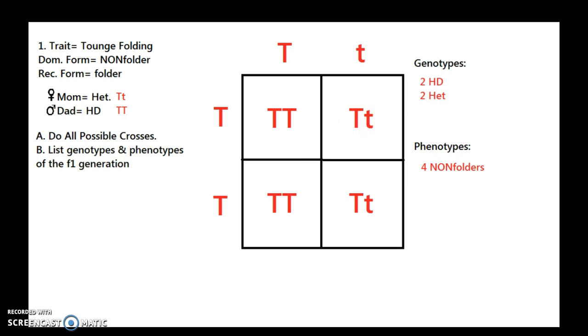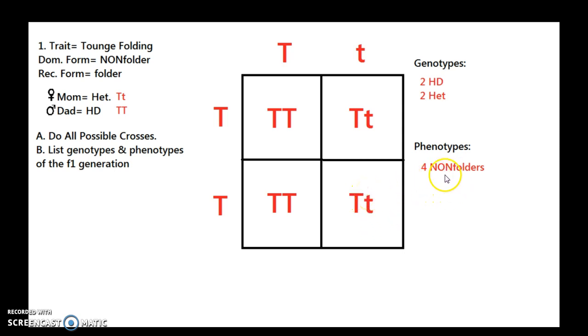Now I can look at the phenotypes. All of these have a capital T in them. As of right now, where we are in genetics, dominant wins out over recessive. So all 4 chances here would be non-folders, because the capital T, the dominant T, will mask or hide the recessive t.